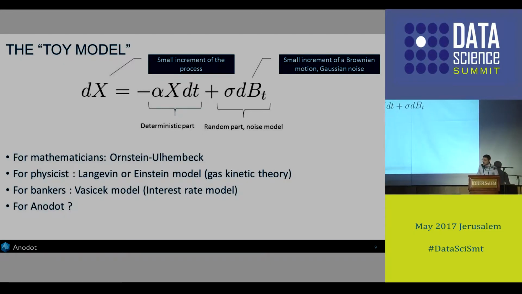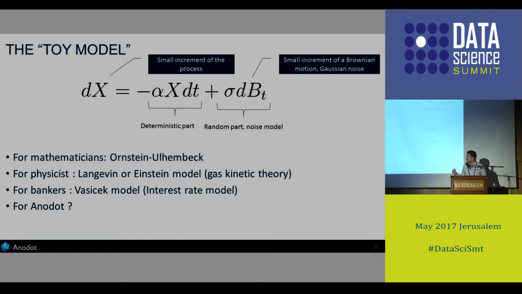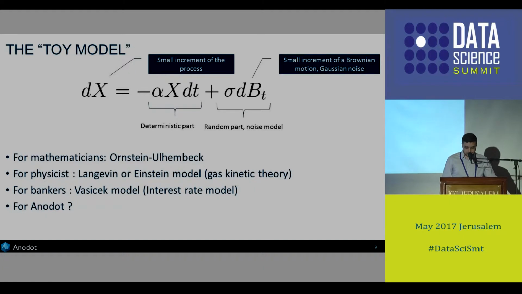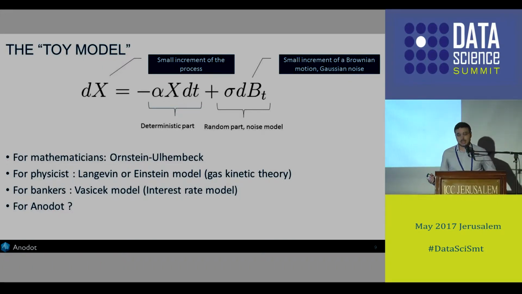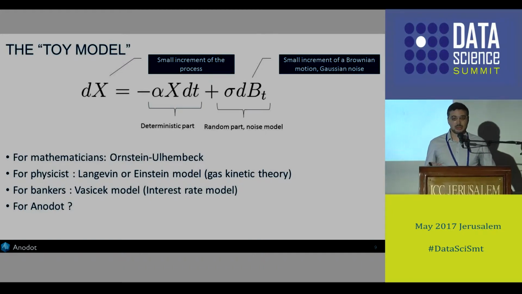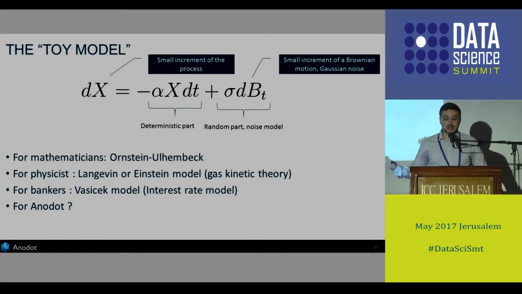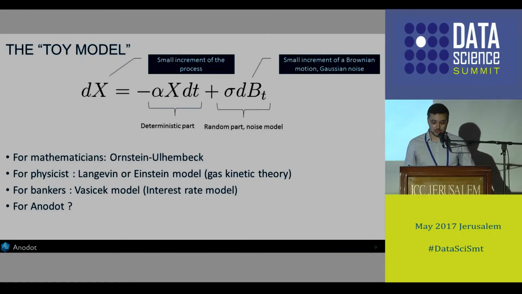In this model, you have only two parameters, alpha and sigma. We can also see it as a small deterministic part and a random part. In fact, if there is no random part, there is no difficulty in making time series predictions. The difficulty in time series prediction is that there is noise, something that we don't know.